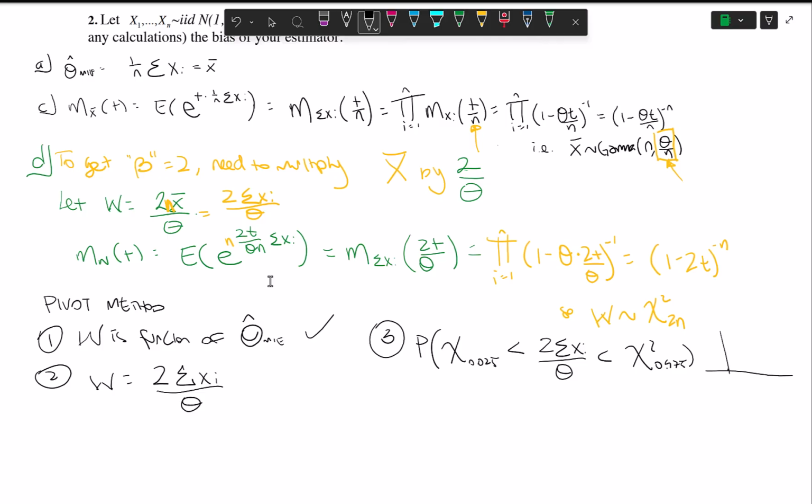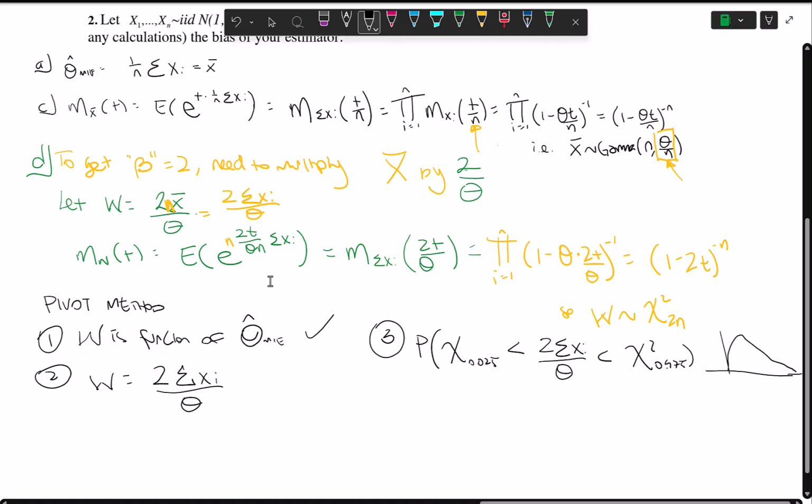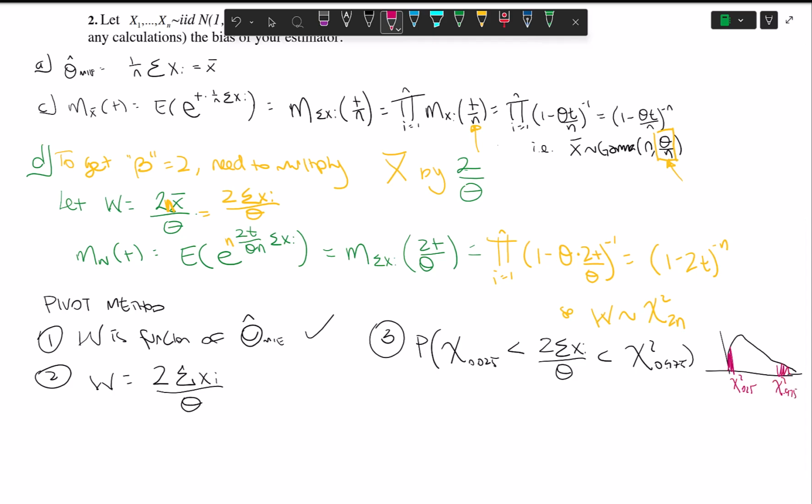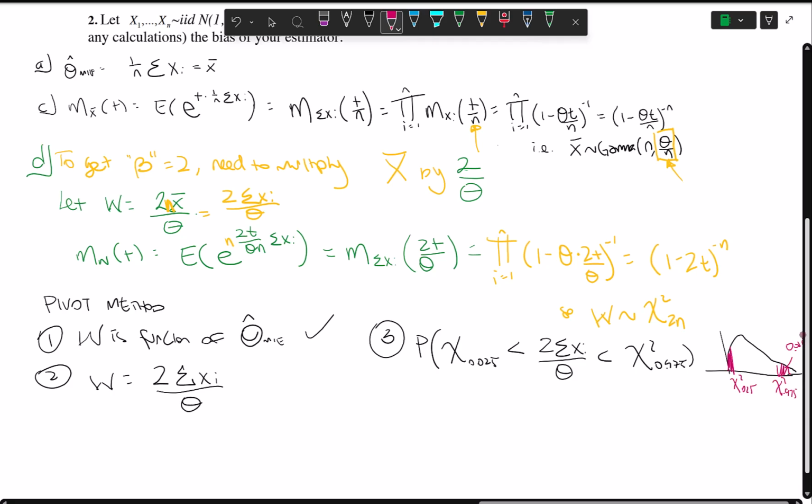Where again the picture you want to think about is chi-squared 0.025 right there, chi-squared 0.975 right there, 0.025, 0.025. And then we can solve for theta in the middle.